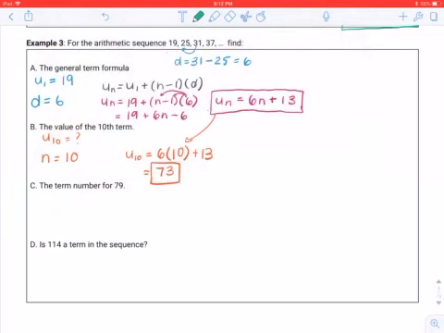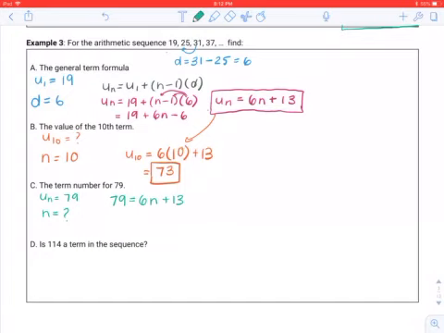Now I'm being asked to find the term number for 79. So what this means is that 79 is a term in this sequence, and I have to find out what the term number is there. So my un is 79, and I don't know n. So I've got 79, again using my general term formula, equals 6 times n, my unknown, plus 13.